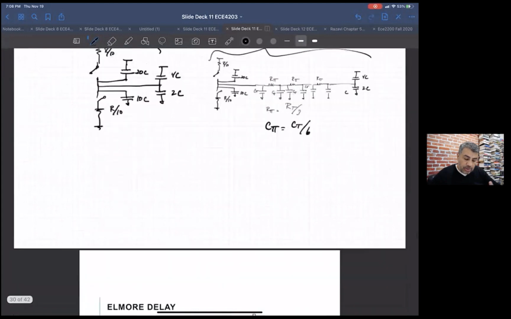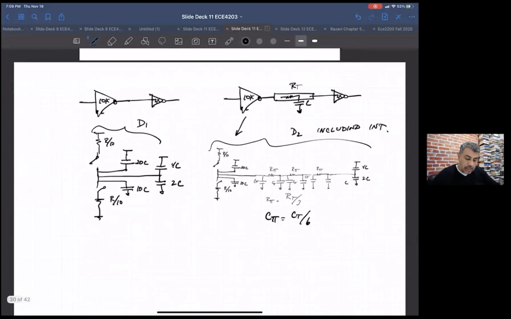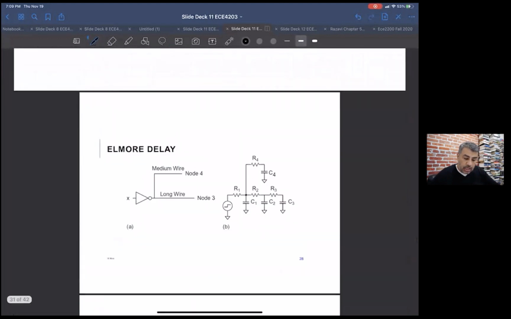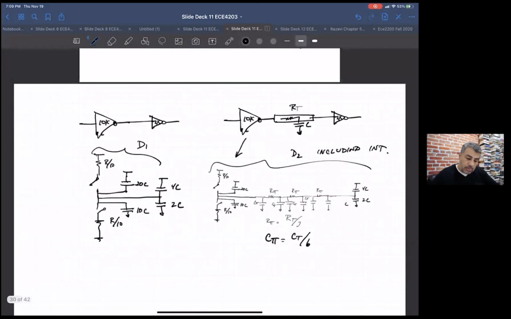And you can use the same methods that we used with the Elmore delay when we had a complicated circuit here. We could use the same thing with the interconnect, even if we had another line and another inverter, and this would have its own R and C.